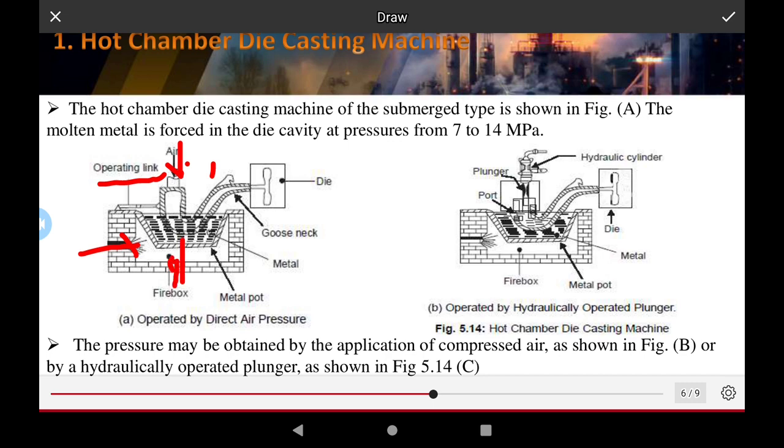This is the firebox and molten pot, and the operation of the die air pressure.